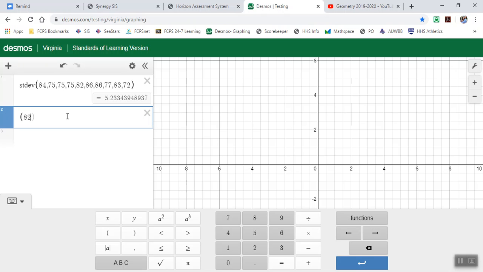So x is my data point: 82 minus my mean, which is 79.5, and then I'm going to divide by my standard deviation of 5.2. So there you have it. My z-score rounded is going to be 0.5.